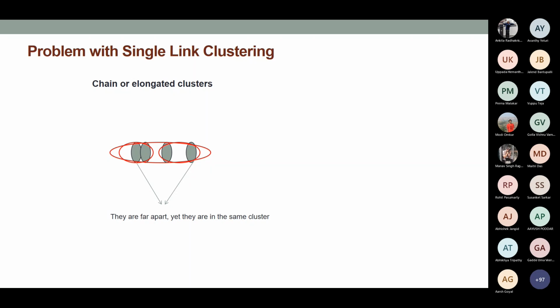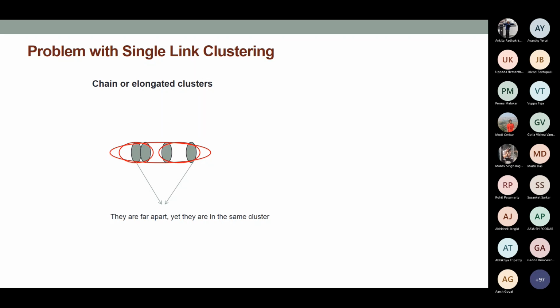You can have a very long chain from left to right, and you probably will find that there is no relationship at all between the extreme left and extreme right, yet you put them together simply because the intermediate points are driving this cluster. That's the major problem with the single linkage clustering technique.